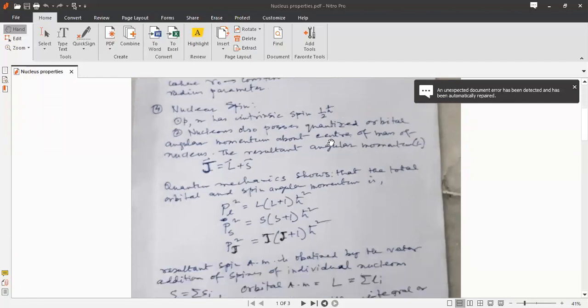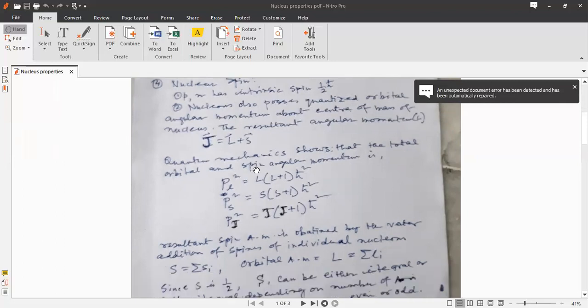Now, nucleons also possess quantized orbital angular momentum about the center of the nucleus. If we consider there is a center of mass inside the nucleus, although the idea is a little bit difficult, we can consider a kind of orbital angular momentum, and the total resultant angular momentum J will be L plus S, where S is the spin and L is the orbital angular momentum.